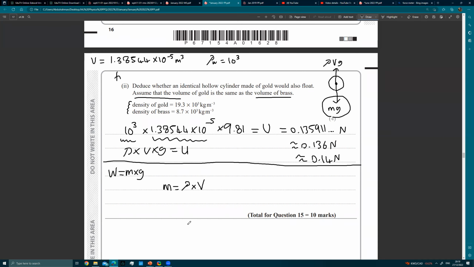But why can I not do this? Why can't I just say, okay, mass is density times volume? I know the density. I worked out a volume. Why can't I do this?